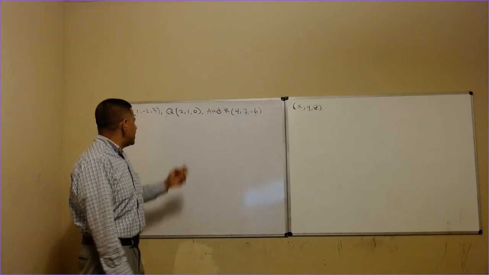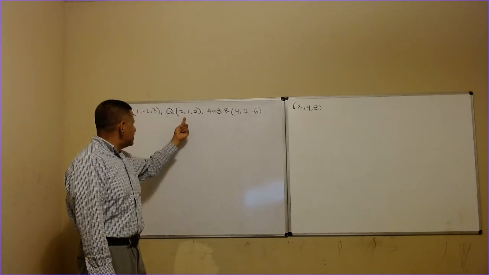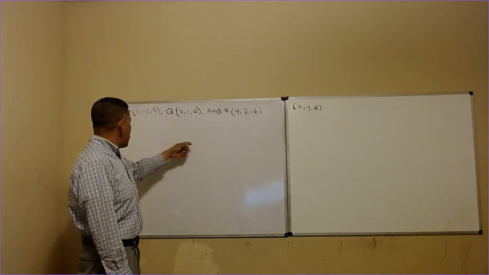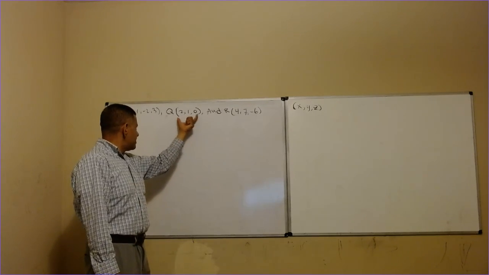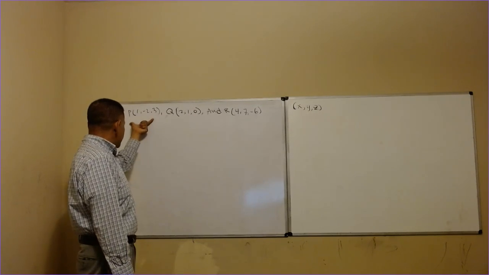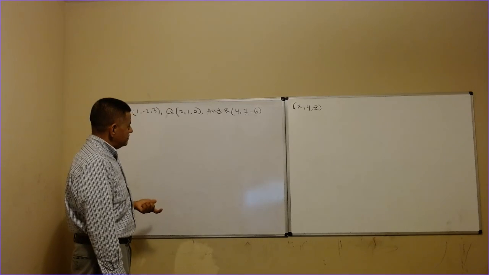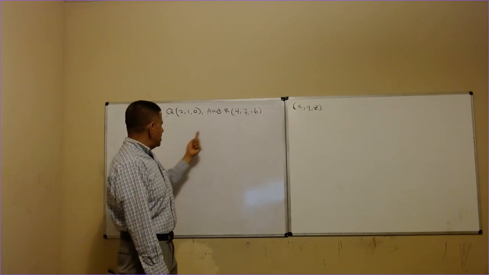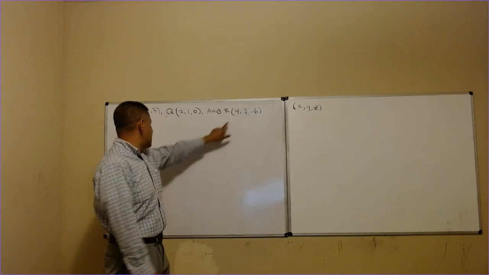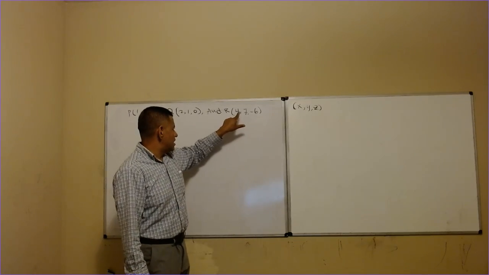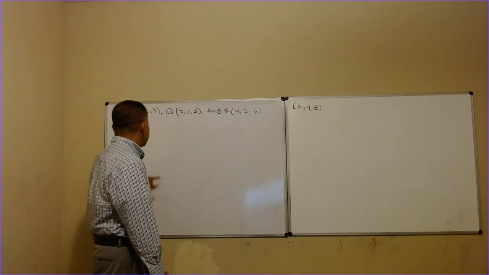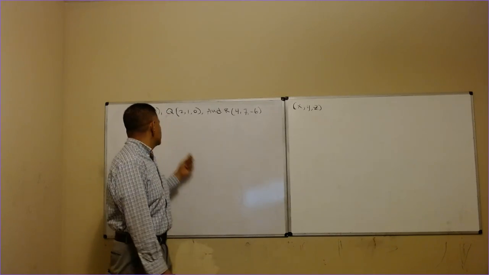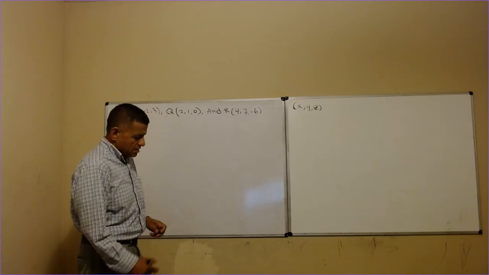So I have to find the difference between this and this, where this is my final and this is my initial. Then here, obviously, this is my final point and this is my initial point, because usually they use P.